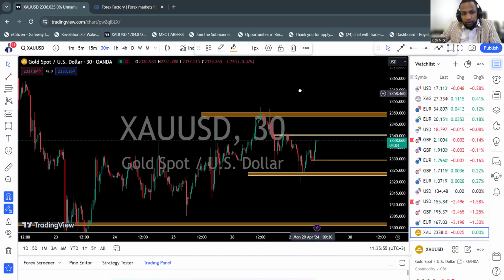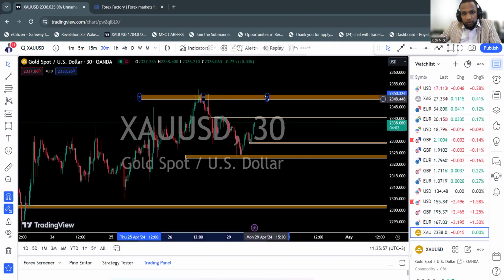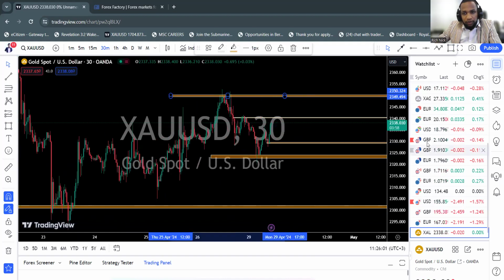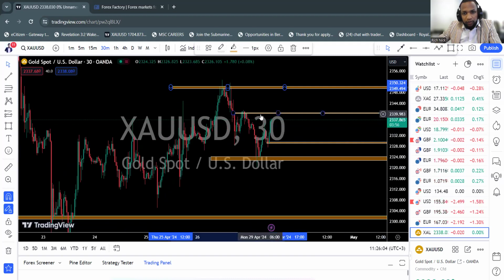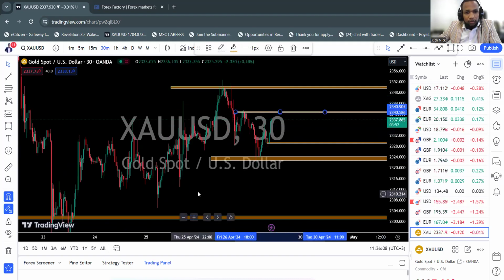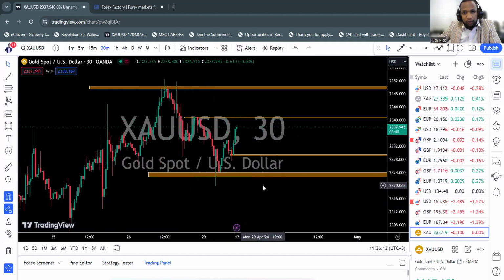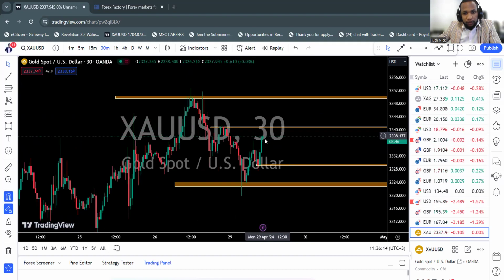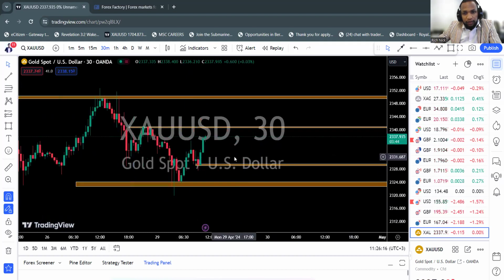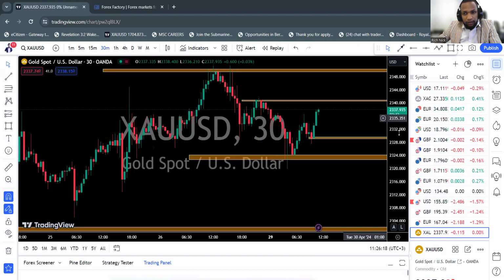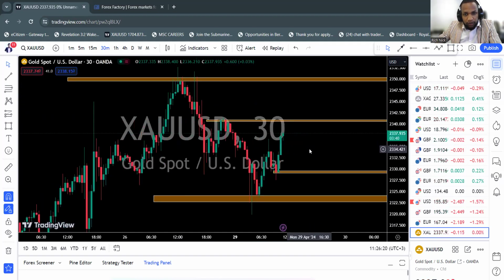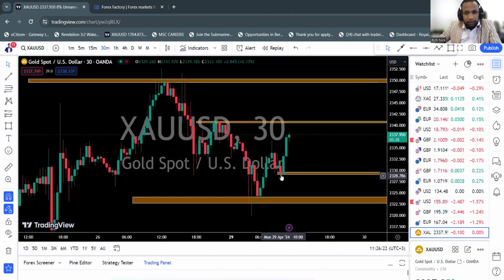See the way we're doing it: as we go to the lower time frame, we are narrowing down to where the price is. That is what we call price action. As you move from a higher time frame to a lower time frame, you narrow down the market to exactly where the market is right now. This is what gold looks like as we stand right now.